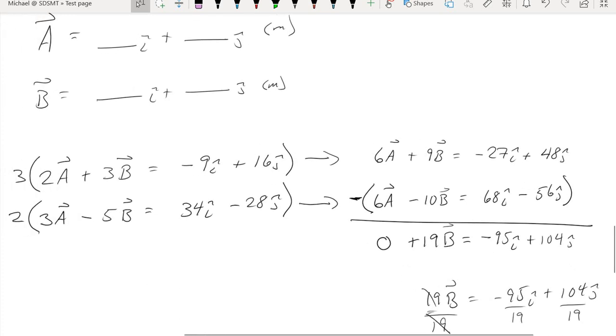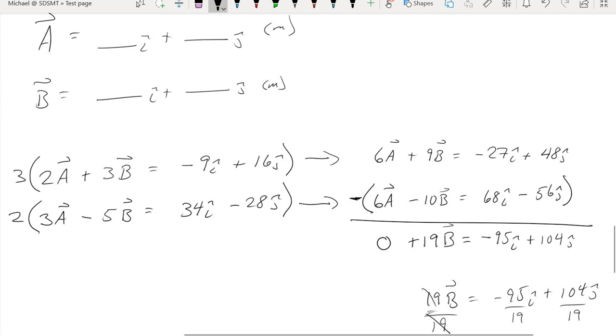Double check my multiplication here. 6a, 9b, 27. 3 times 16 is 48, that's right. 34 times 2 is 68. 28 times 2 is 56.